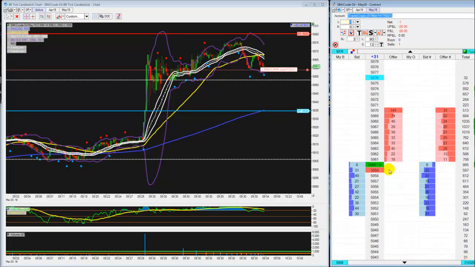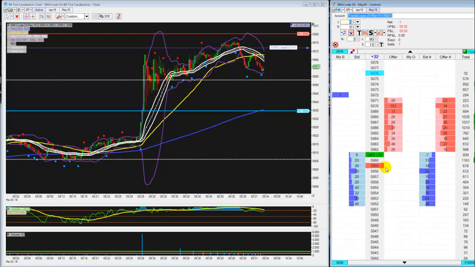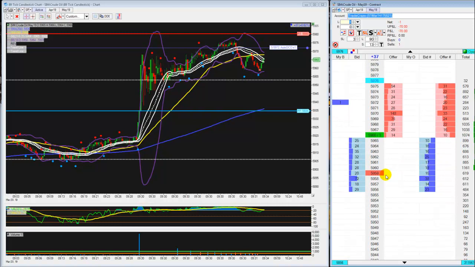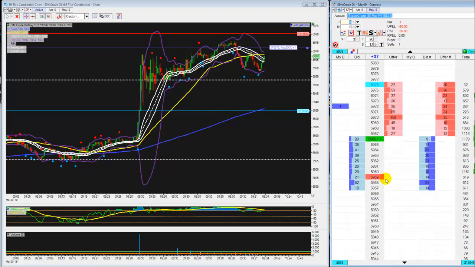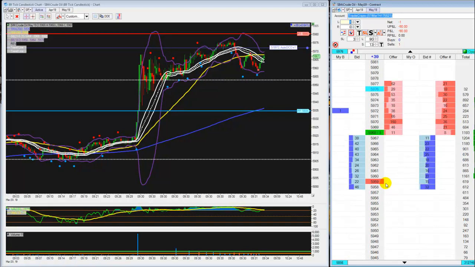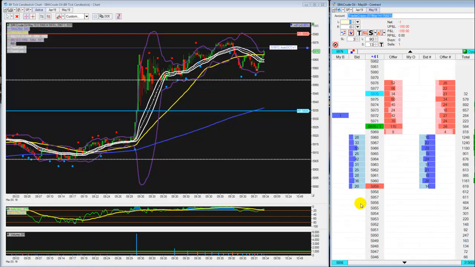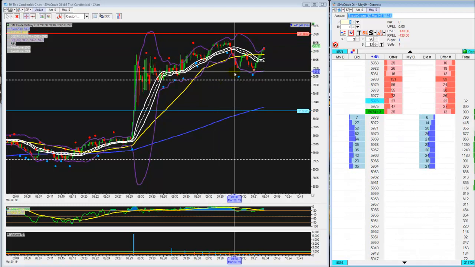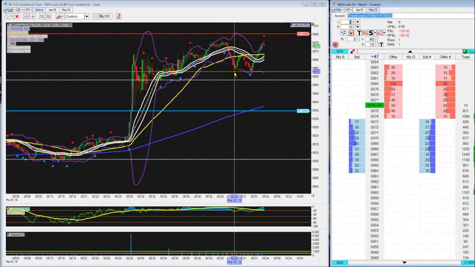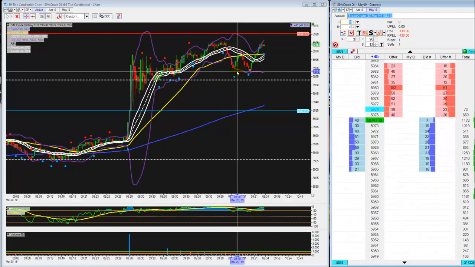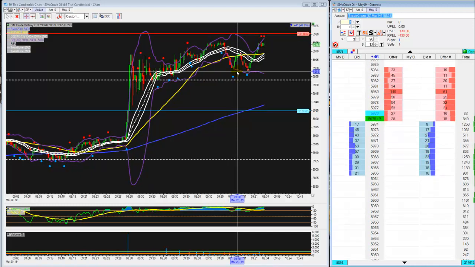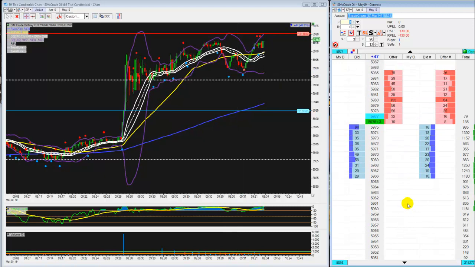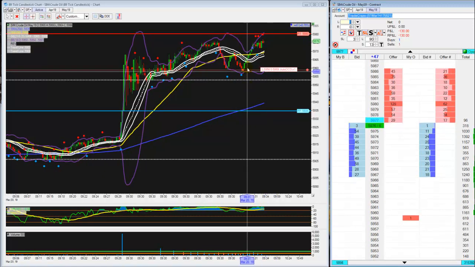Short from 59.59. First attempt at 59.59. All right, knocked out. $59.59 is still the entry point.